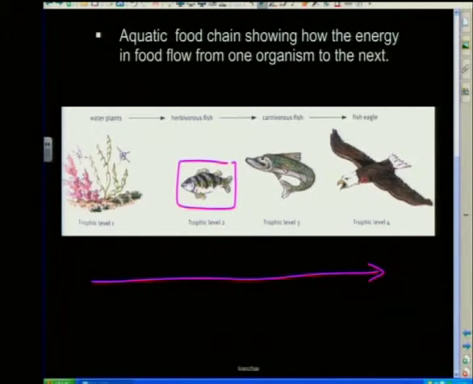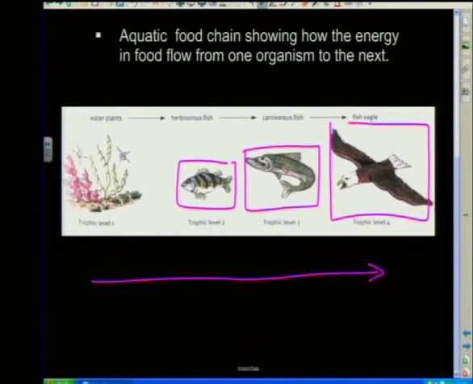Here we find that the herbivorous fish are much smaller than the carnivorous fish, and then we have the hawk, which is obviously much larger than the carnivorous fish, and hence the amount of energy available at the next trophic level would substantially decrease, as much of the energy goes into the life processes of the organisms.